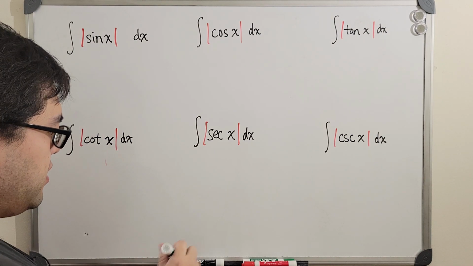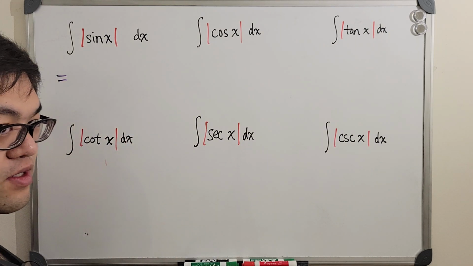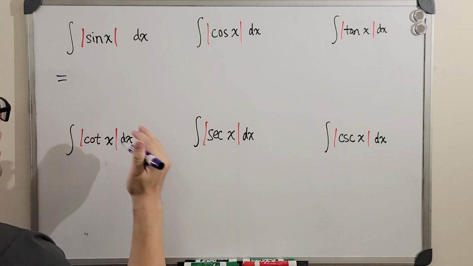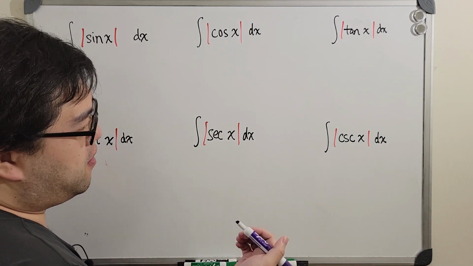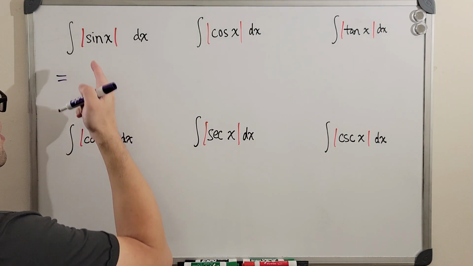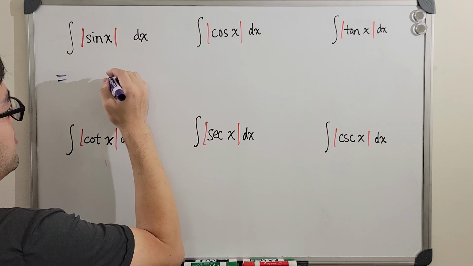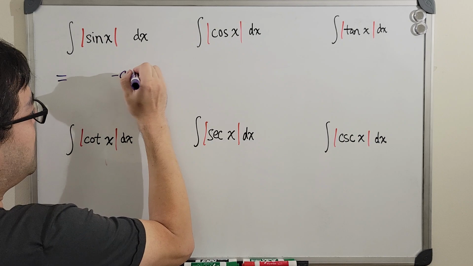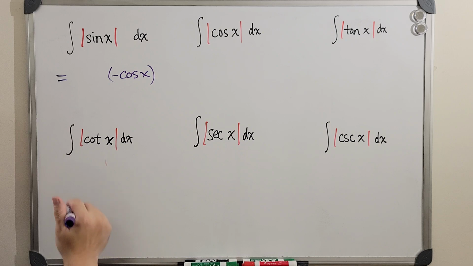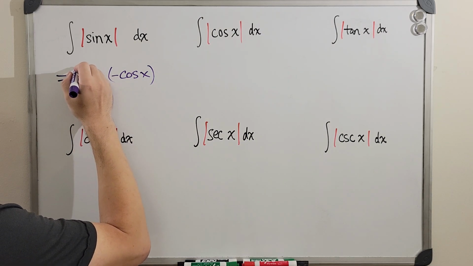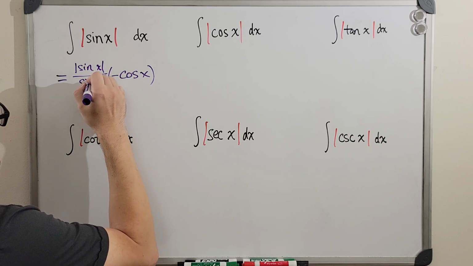So what's the first one? Well, we have the absolute value of sine of x. So by the general expression of the antiderivative of absolute value of a function, we will be able to get the antiderivative of the function itself, which is sine of x, which is negative cosine of x, times the sign, or actually, in fact, we'll keep it as the absolute value of the function over the function itself.